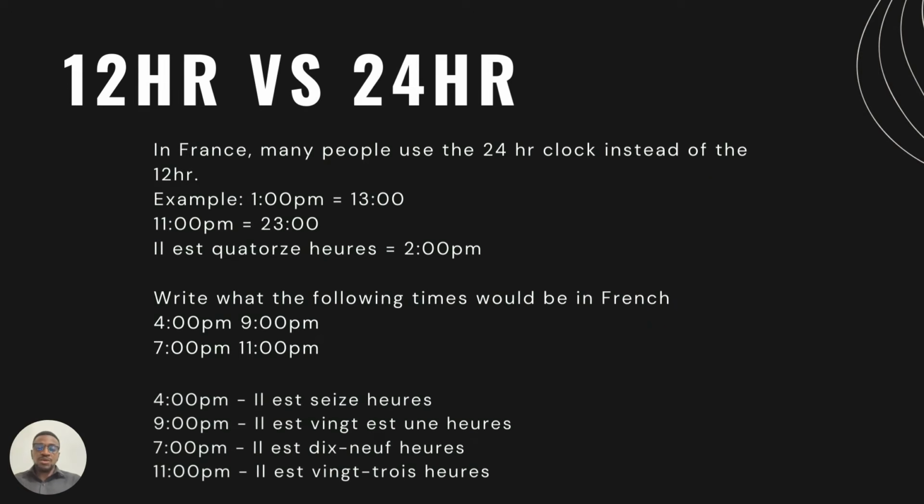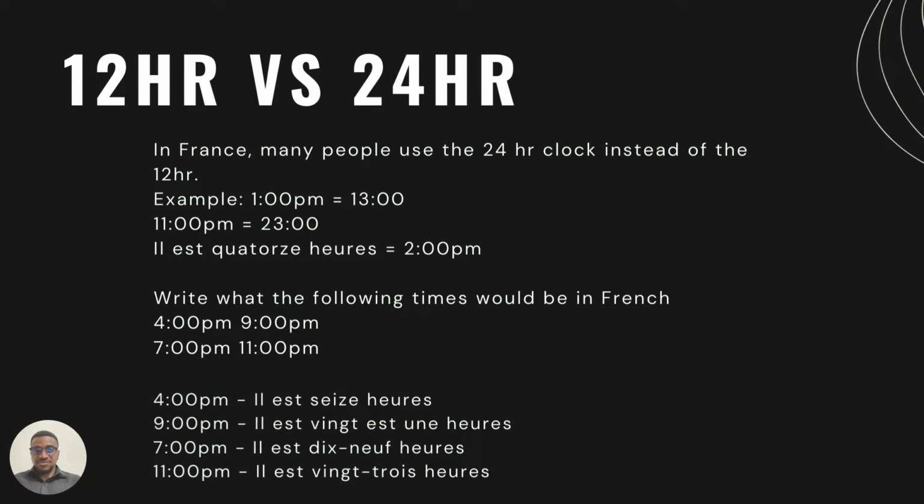So when we now look at the differences, that's 12-hour versus the 24-hour notation, in France, many people prefer using 24-hour instead of the 12-hour because it's simple to use. So just looking at the differences, we can have your 1 p.m. If you're using the 24-hour notation, you say what? It's 1300 hours.